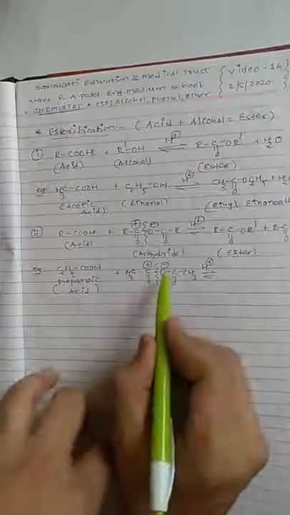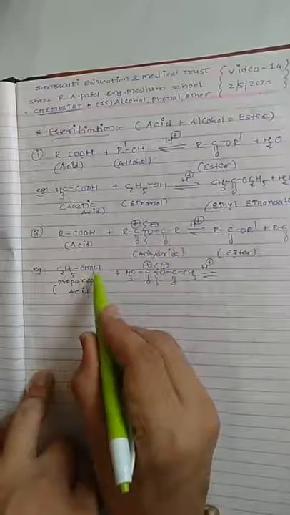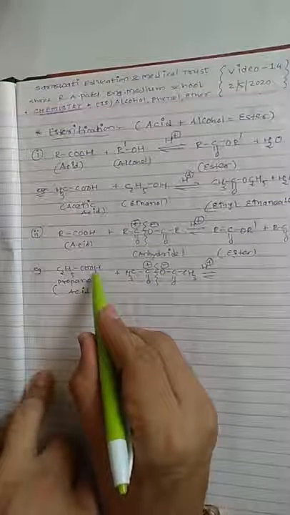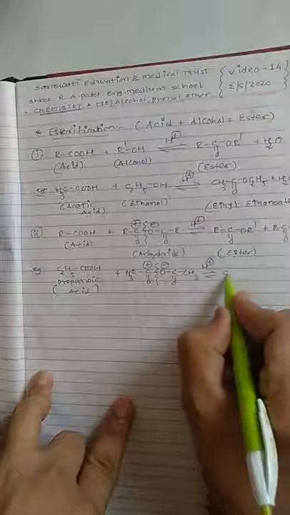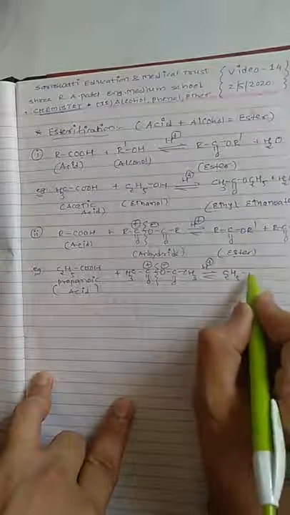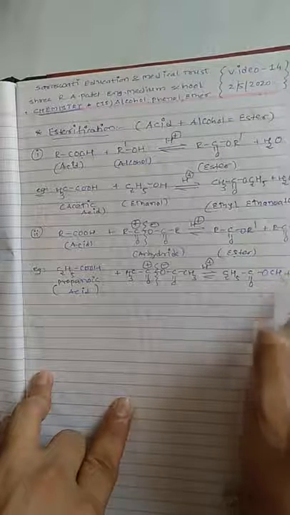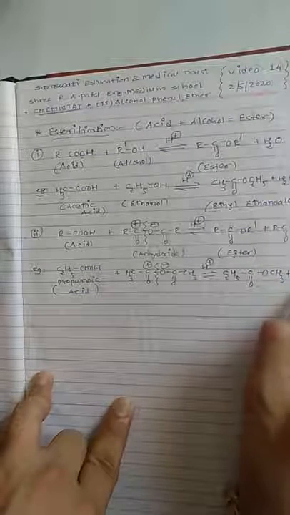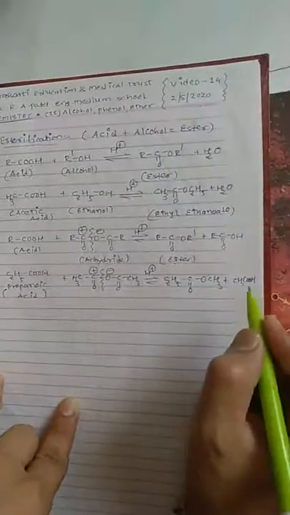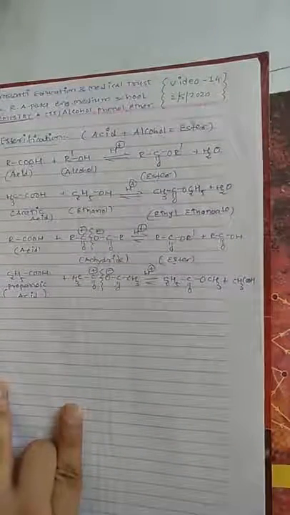Now the negative charge of this CH3COO reacts with this compound. So we have C2H5COOCH3 with loss of CH3COOH. So this is the byproduct.